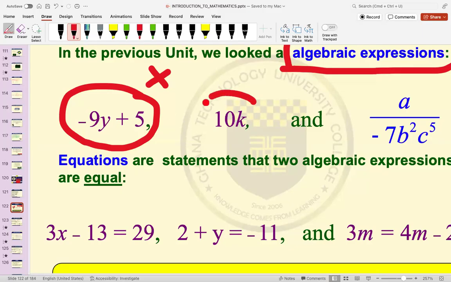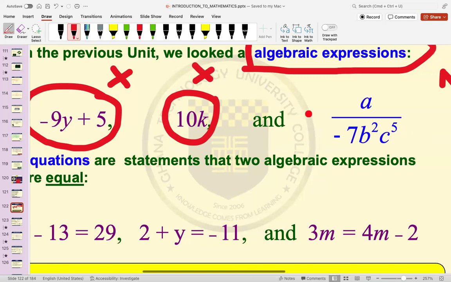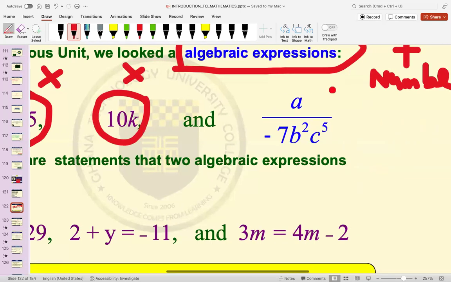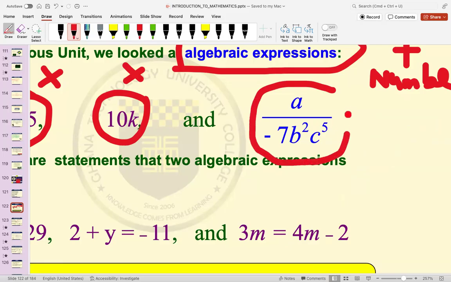If you see 10k standing alone, this is also not an equation. It is an algebraic expression. If you also see the fractional one, a divided by negative 7b squared c5, this is also not an equation.